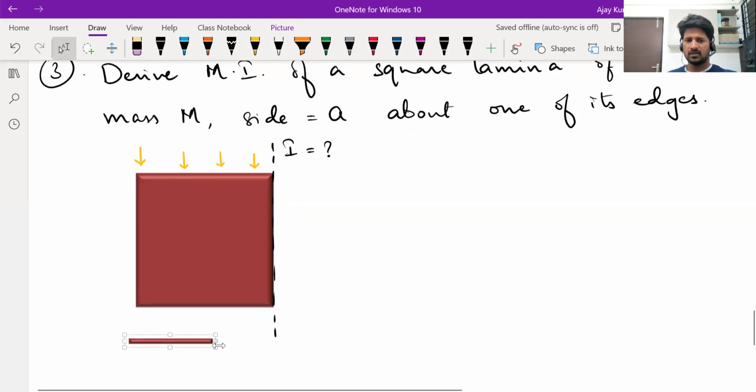It changes into a rod like this. Are you all able to visualize this or not? You just compress it parallel to the y-axis, in its same plane. Then all the mass will fall onto a rod like this. Yes or no?